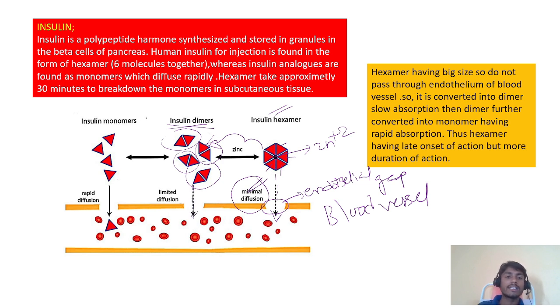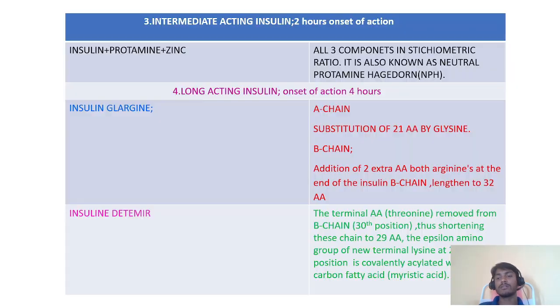Again, these dimers are converted into monomers after 30 minutes, and the monomers have rapid diffusion. Like that we can increase the onset of action of these insulin analogs. Next, intermediate acting insulin, with onset of action of 2 hours.